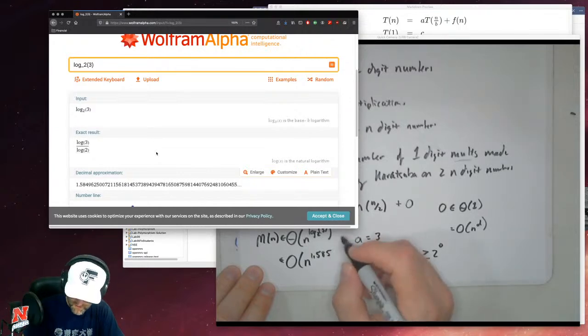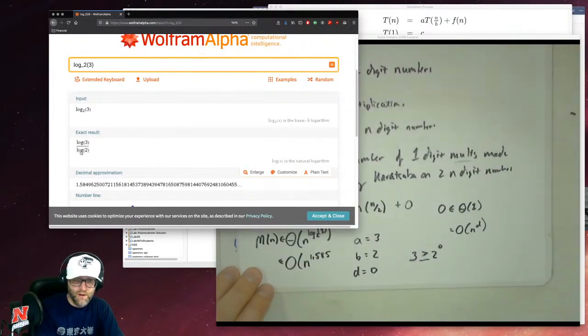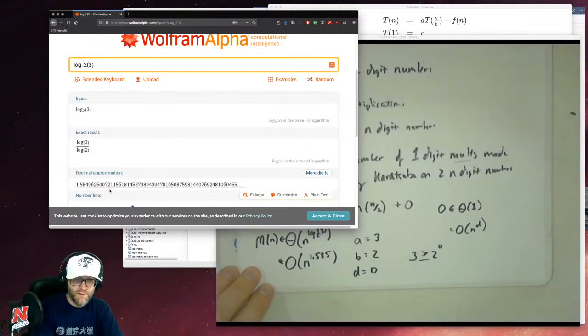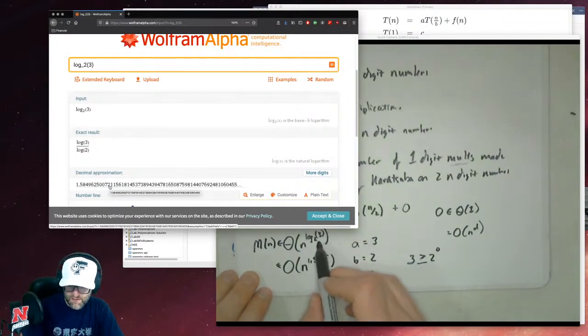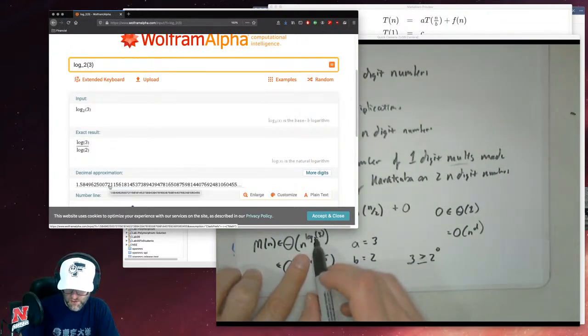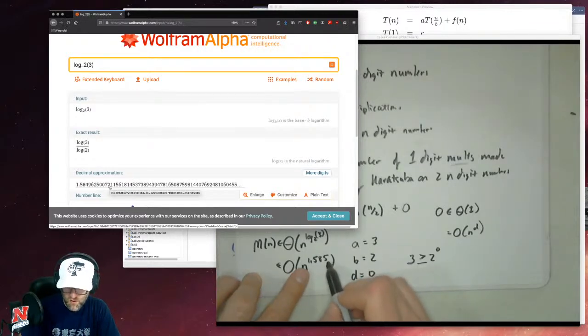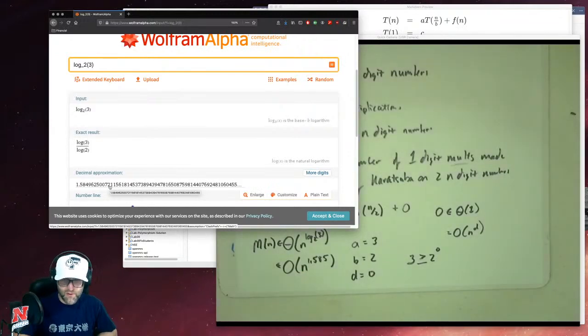I went higher than Wolfram alpha here told me, because this is obviously going to be an irrational number that goes on forever. So to say that it's theta of that, you'd have to leave it in this form, which is perfectly fine. Or you go slightly higher if you want big O and want a terminating number here. Right? Well, that looks better to me.